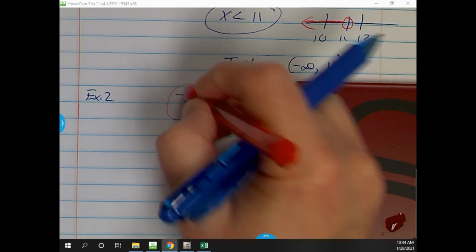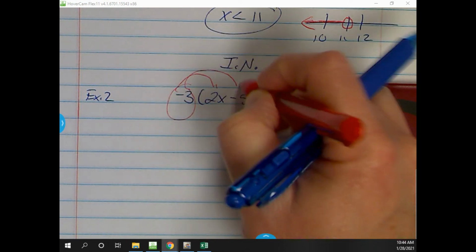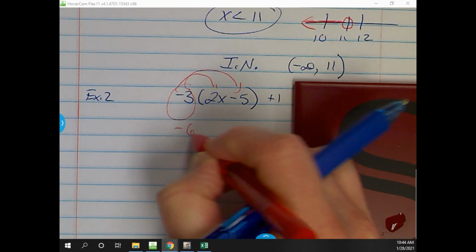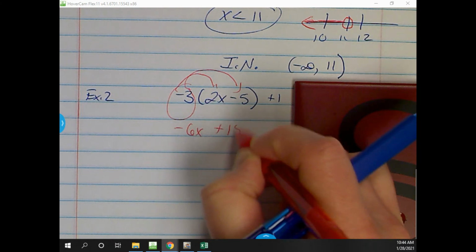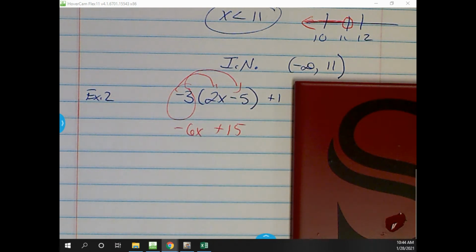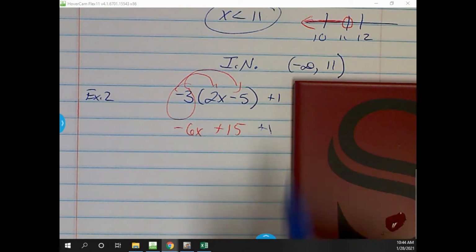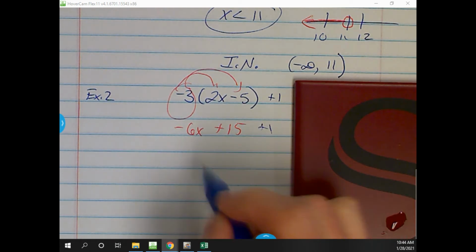First thing is we'll do -3 times both of these. So it's -6x plus 15. The plus 1, we didn't do anything with yet because it was just hanging off the end. Now we can add those two pieces together.